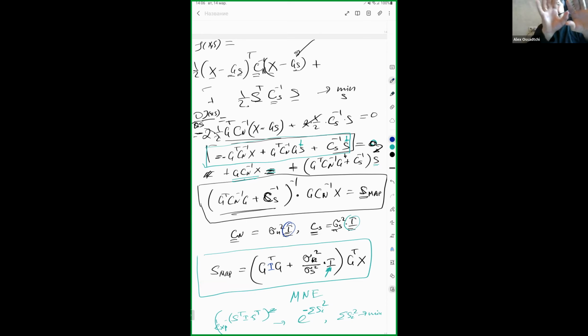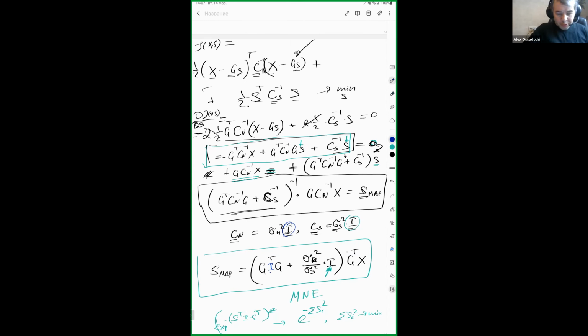So this I is about the sensor noise. And because G has many columns, G transpose has many rows, so G transpose G is a huge matrix, and you can add to it only another huge matrix. This huge matrix is the covariance matrix of your prior on the sources, and that is your I here.